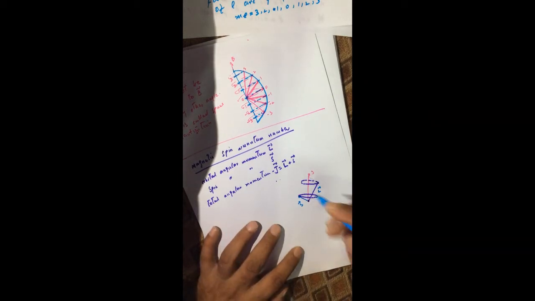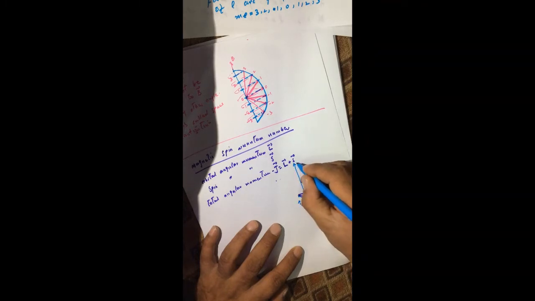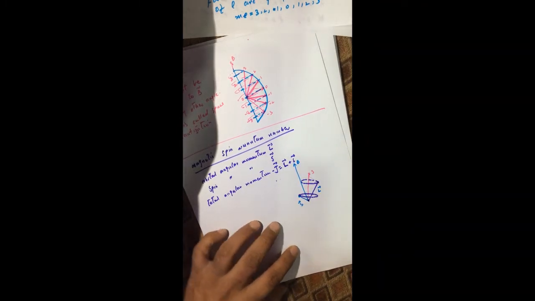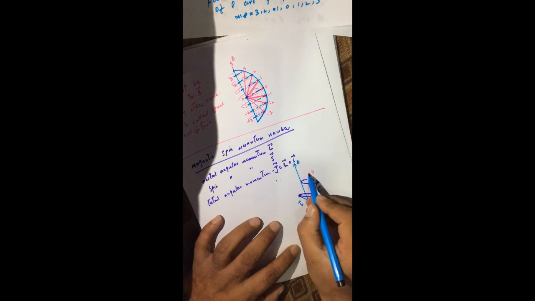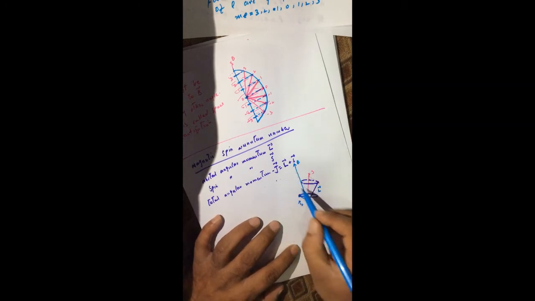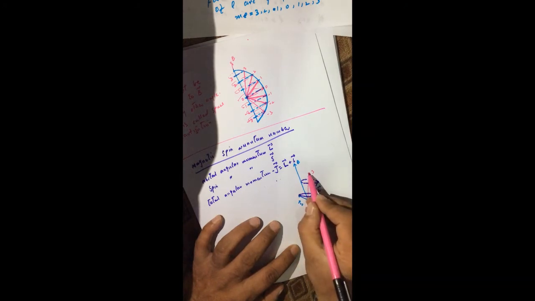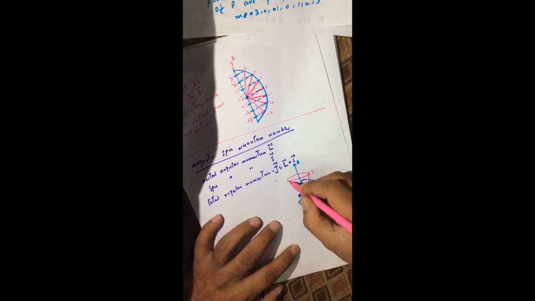Now if we apply an external magnetic field, let's suppose this is the external magnetic field direction B, then this total angular momentum also precesses around this external magnetic field. So here we have the precession of total angular momentum.